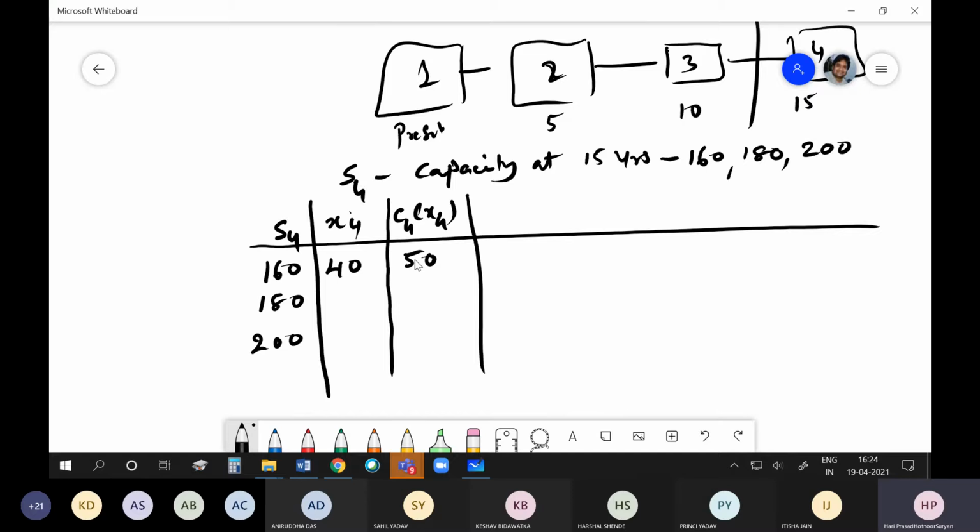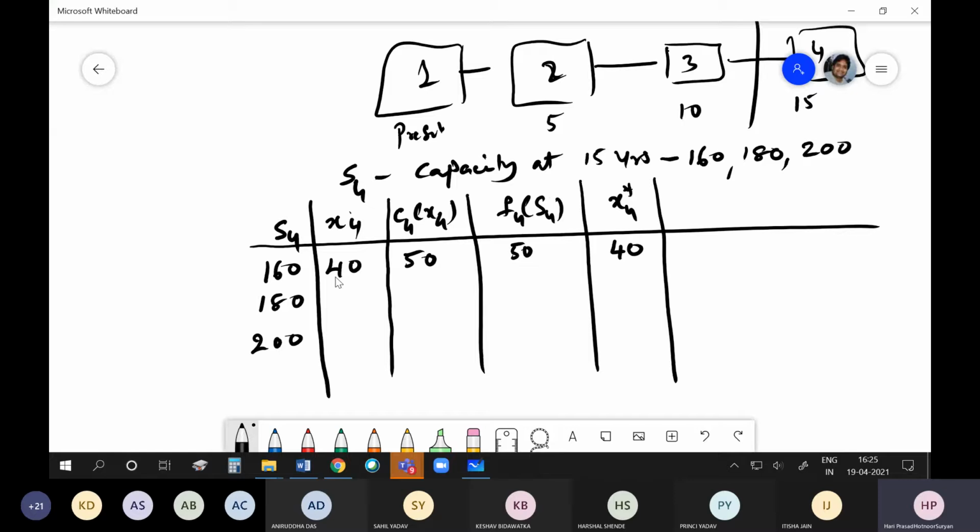Okay, so we get F4 of S4 and X4 star. So F4 of S4 is 50. Your X4 star is how much? 40. There is no other way.